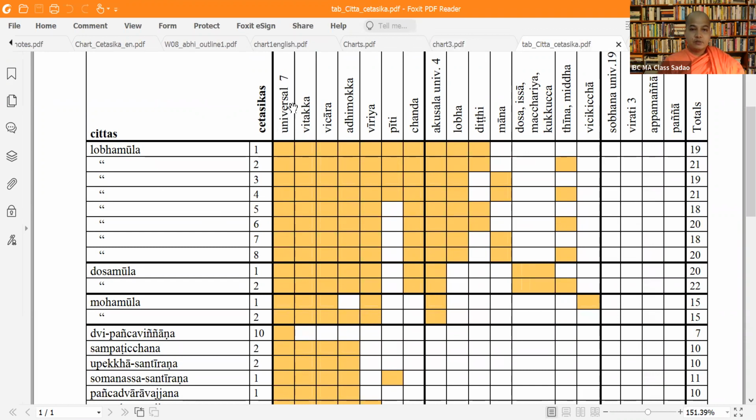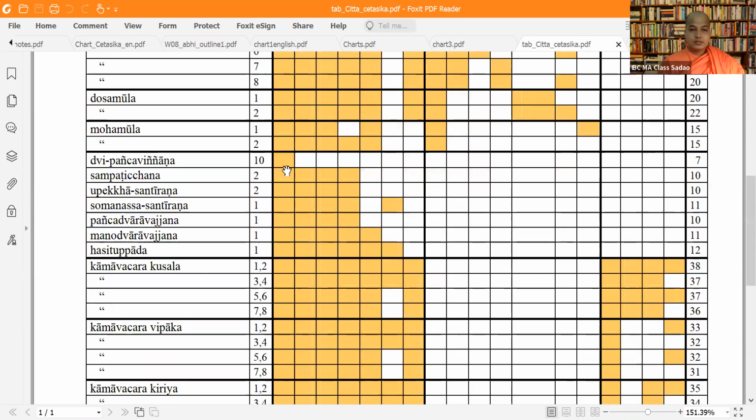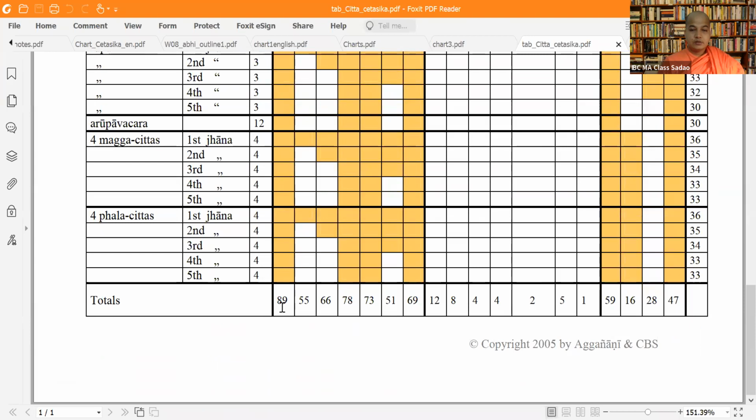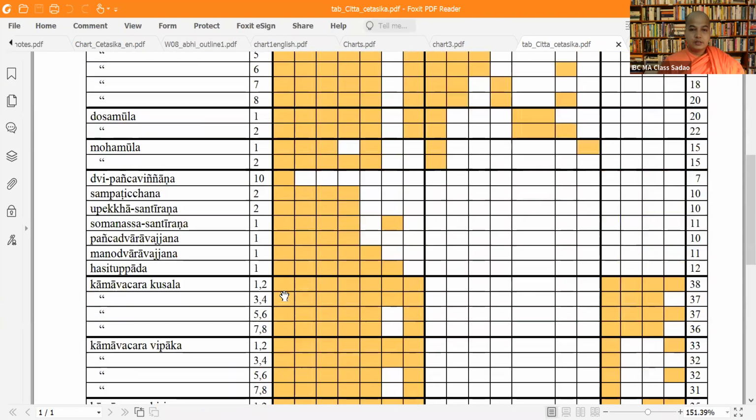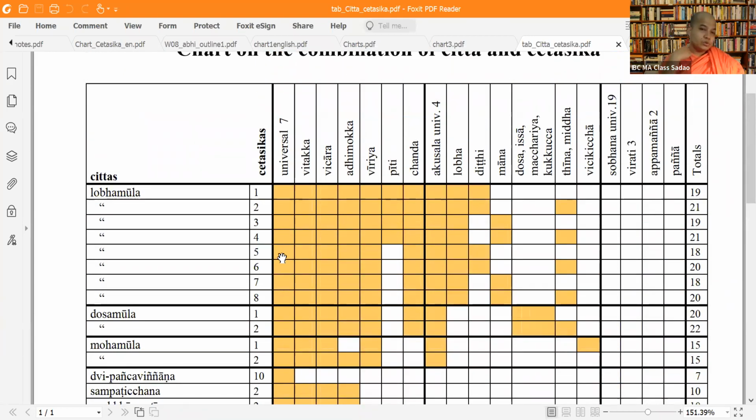So these are the 7 universals, and you'd see that they are present in all the chittas. 89. So when you go through this text and this chart together, it becomes more clear.